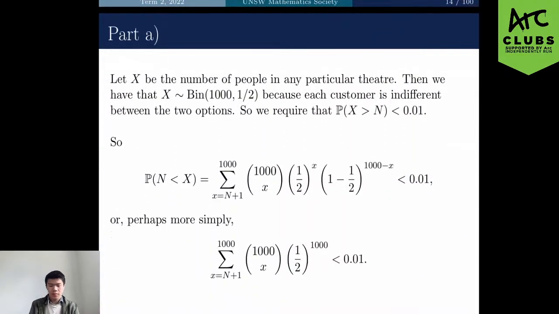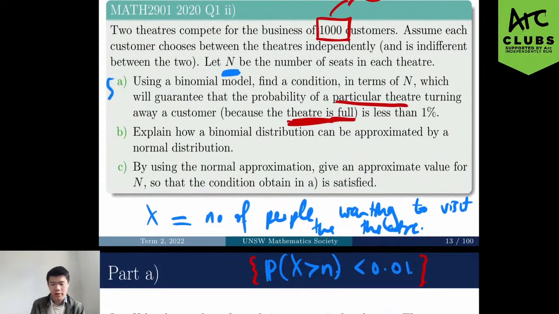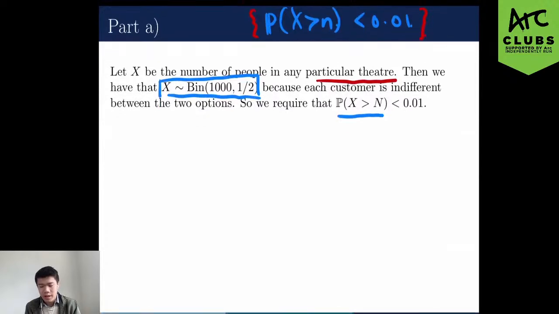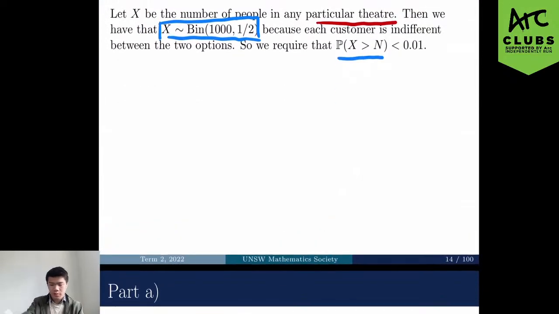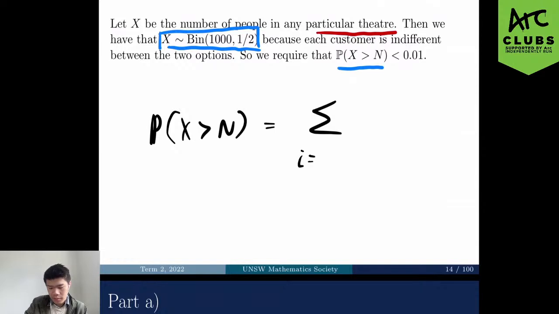So basically, they want us to find a condition in terms of n that will guarantee that the probability of a particular theatre turning away a customer is less than 1%. So we evaluate this left-hand side in terms of n. Because we have a discrete distribution, we just sum up all the variables above n, up to 1,000, of the probability mass.